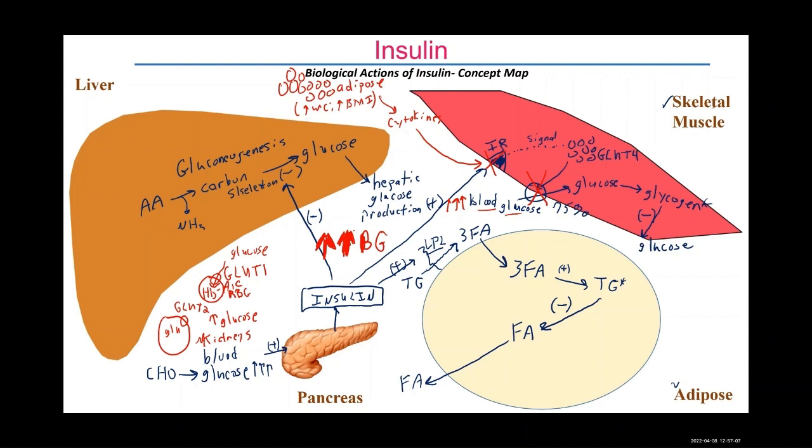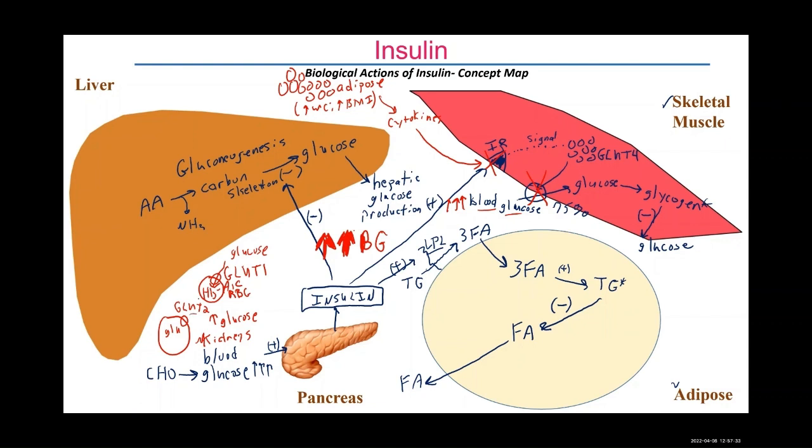So insulin's not working, so now there's more glucose in the blood. However, since GLUT1 does not require insulin, more glucose is going to be taken up by the red blood cells, and it's going to acetylate hemoglobin. Also, more glucose is going to be taken up by the kidneys because it expresses GLUT2, which does not require insulin.